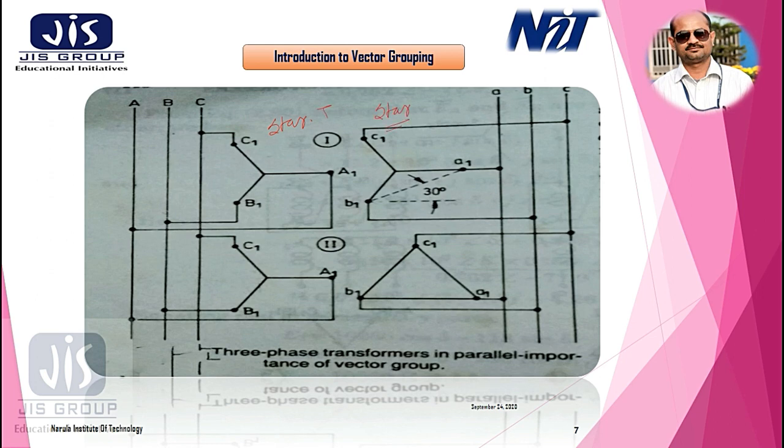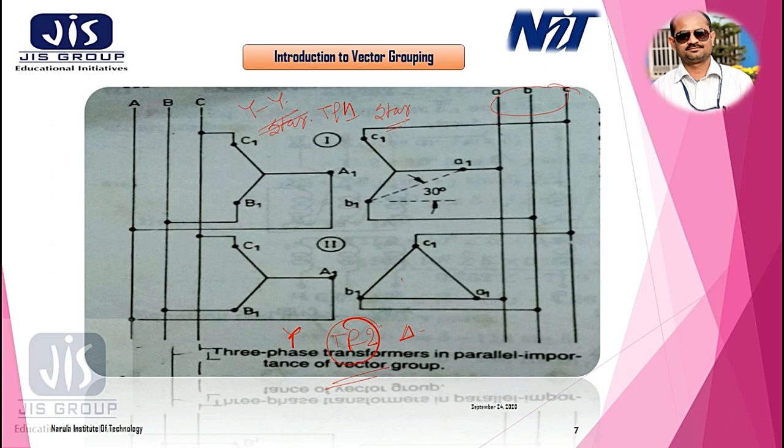So this is transformer 1, this is basically a YY transformer or star star transformer, and this is a star delta transformer which is my transformer 2. Okay, so this is a star star and this is a star delta. Now look, these secondaries are connected with the load terminals ABC. So C with C, A with A, B with B.